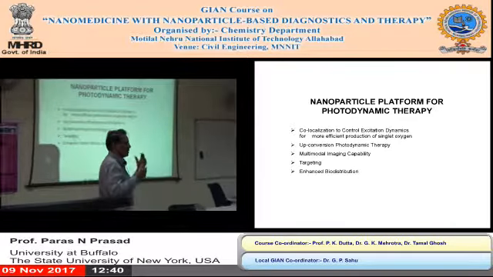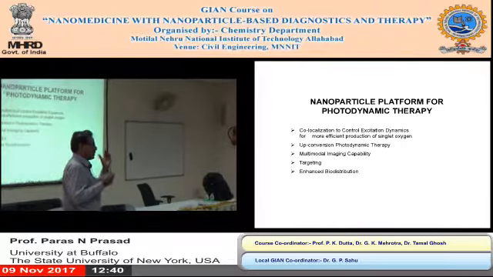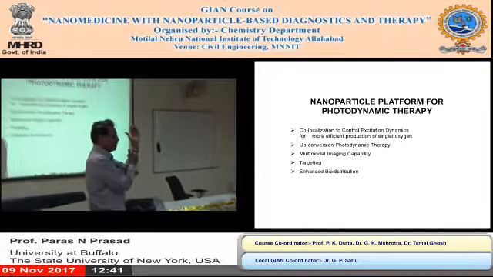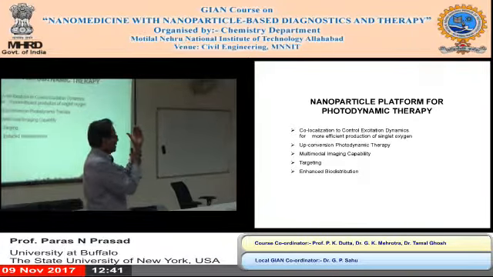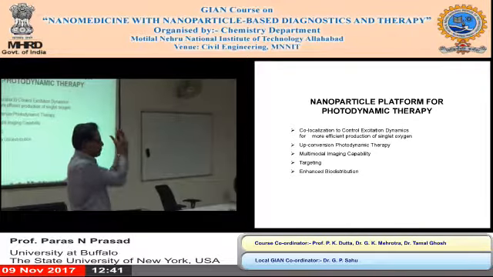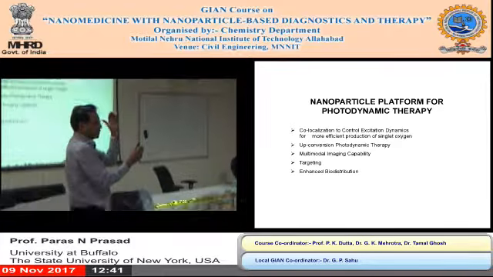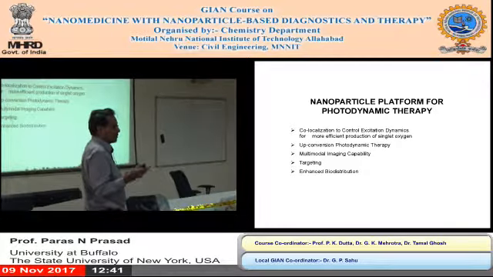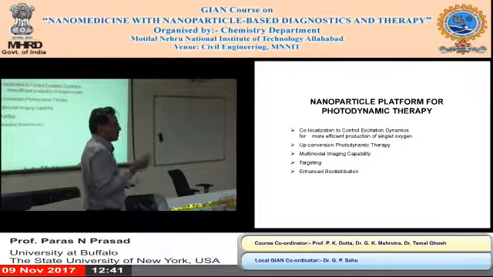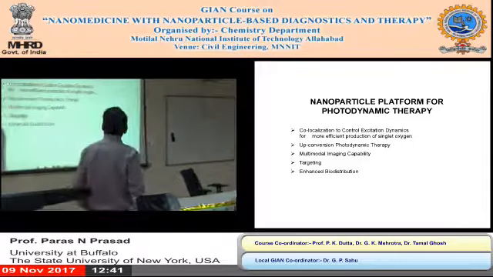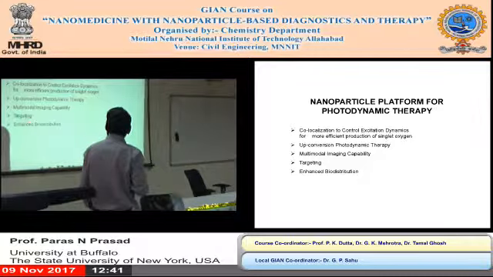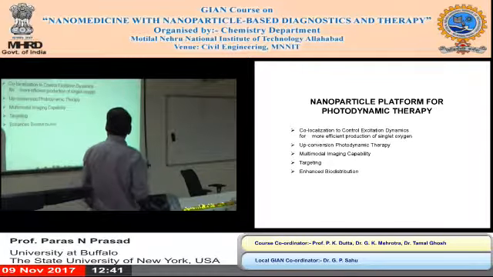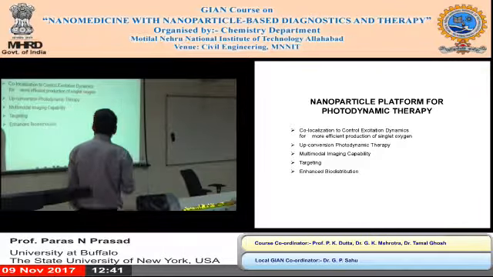That means, like our nanotransformer together with photosensitizer, you only need half the energy, longer wavelength. It goes to the excited state by 2 photons, emits light in the blue region. Blue light can be absorbed by the photosensitizer. So it's upconversion photodynamic therapy we can do. We can build in imaging, can put in targeting to enhance more accumulation in the tumor, and so we can get a favorable effect.